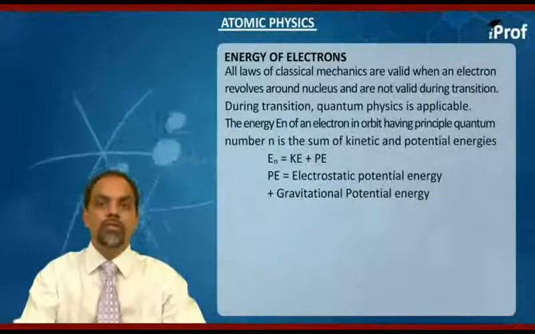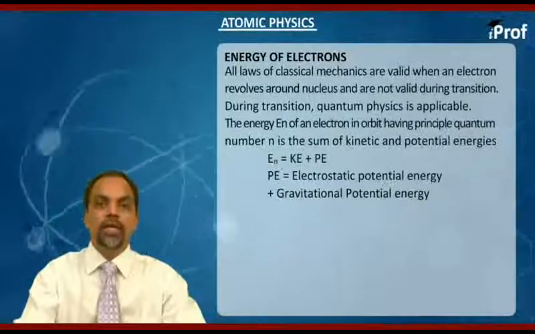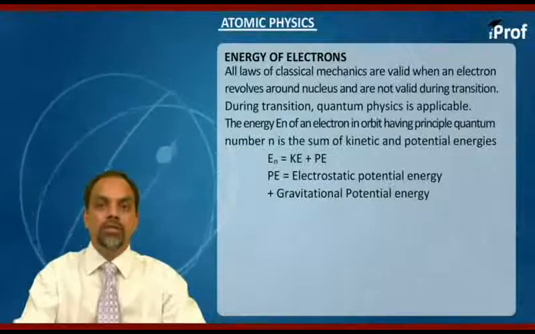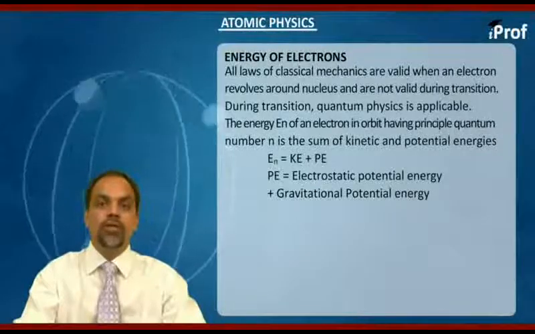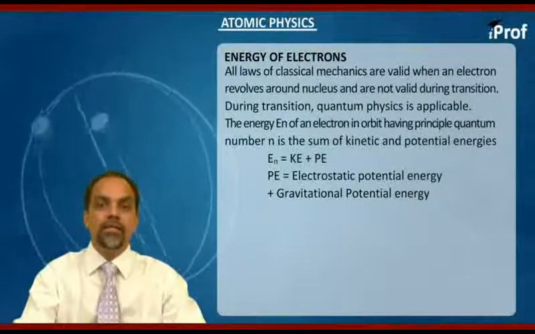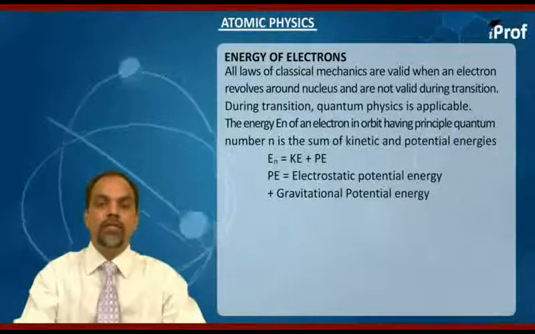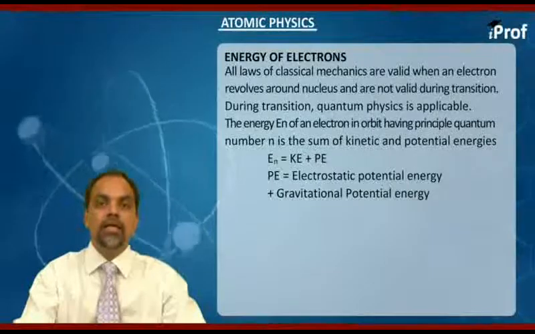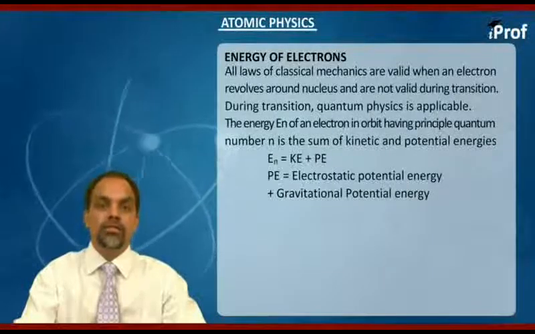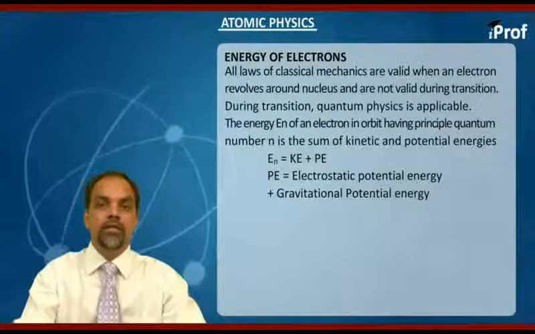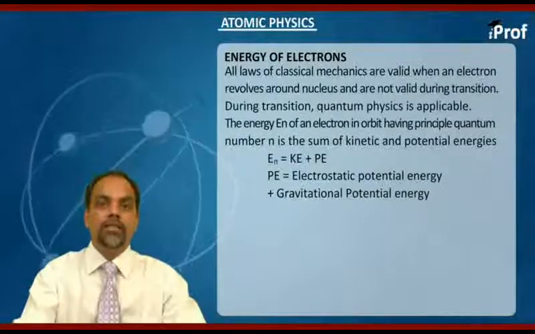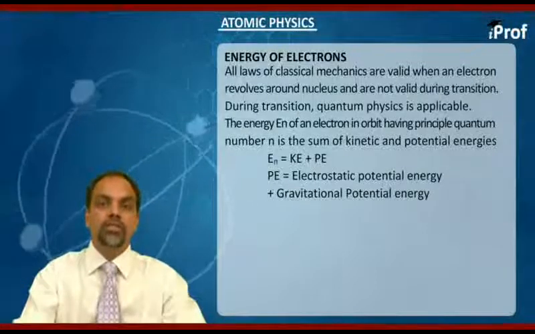Also, we are assuming that the nucleus is very heavy compared to the electron, so literally we are assuming our nucleus to be at rest. So when we say kinetic energy of the system, we mean kinetic energy of the nucleus as well as kinetic energy of the electron. Please look at the screen, where the necessary calculations are shown.